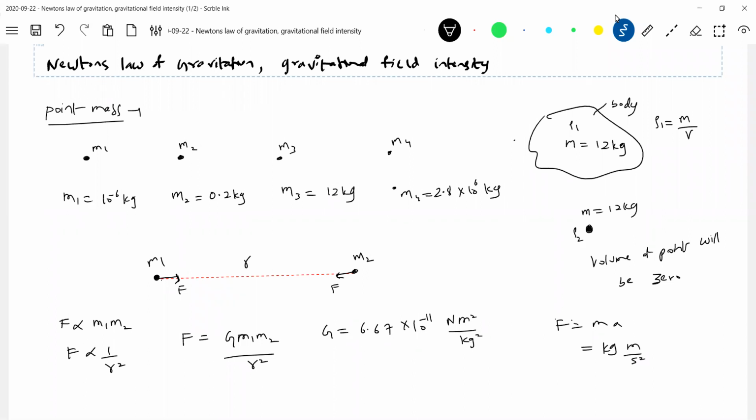Now substitute, or just leave it, it's left to you. So what can be the further simplification of this? It will be Newton meter square per kg square. Keep it this way, that will be useful for us. Or meter cube per kg per second square. It's left to you.